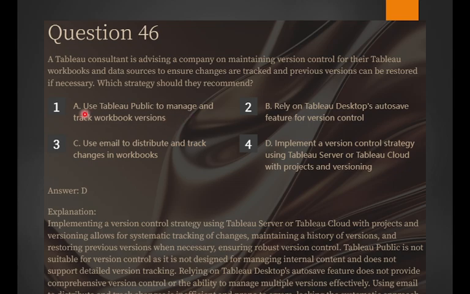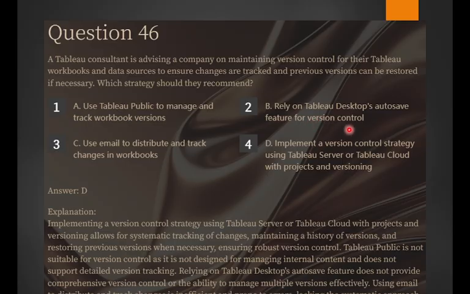Use Tableau Public. Again, it's a public site. It is not suitable for version control, and it is not designed for managing internal content. So this option is not correct. Rely on the Tableau Desktop auto-save feature for version control.